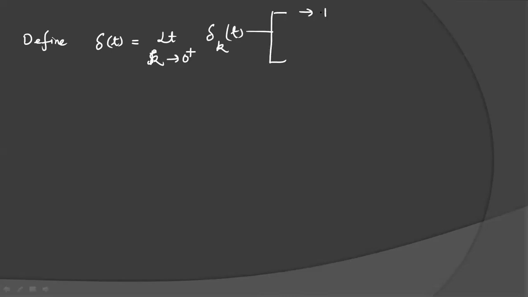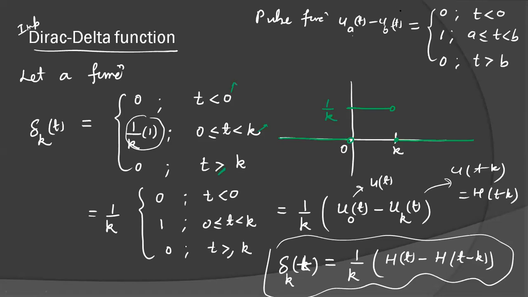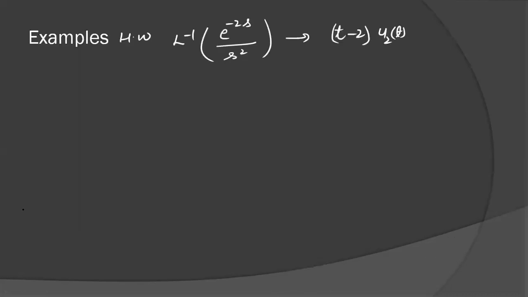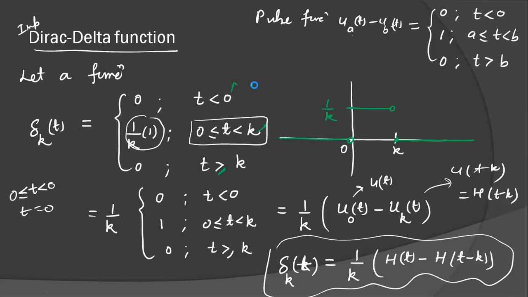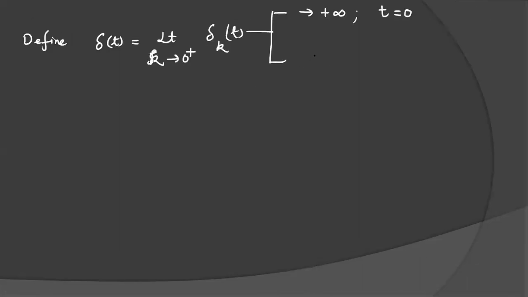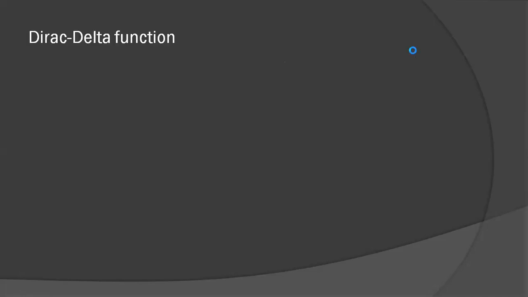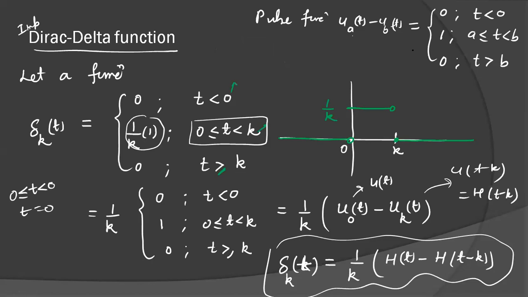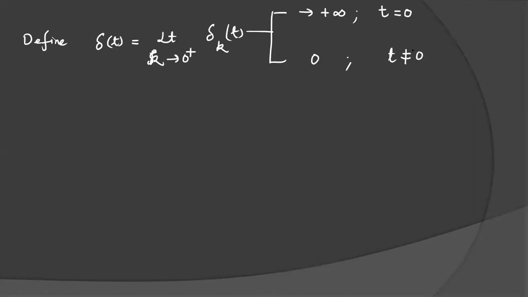It tends to plus infinity when t equal to 0, because if k tends to 0, it means t equal to 0. And it is 0 when t is not equal to 0. So this is the Dirac-Delta function.